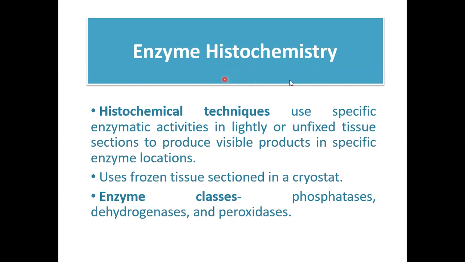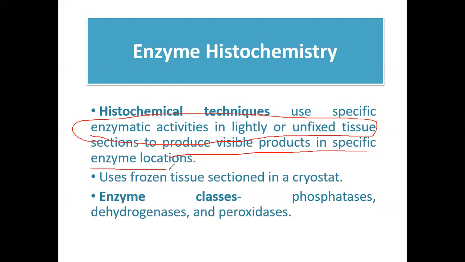Again, we have here the definition. It uses specific enzyme activities in lightly fixed or unfixed tissue sections to produce visible products at specific enzyme locations. Okay? Again, we're not actually detecting the enzyme itself, but we're detecting where in the tissue it is doing its activities.